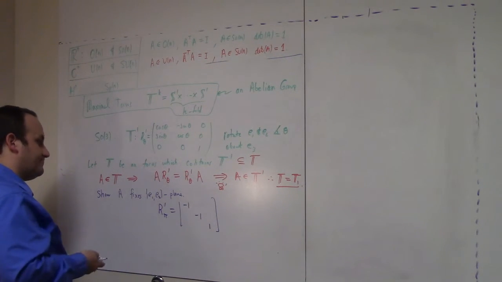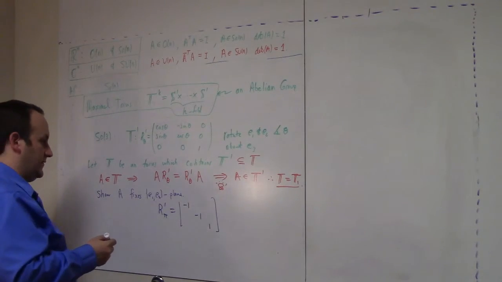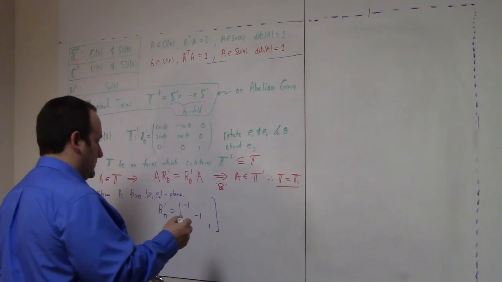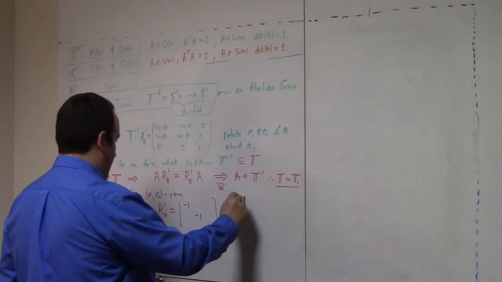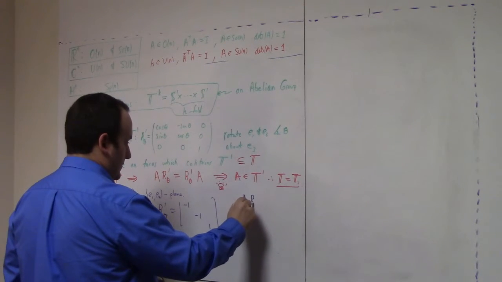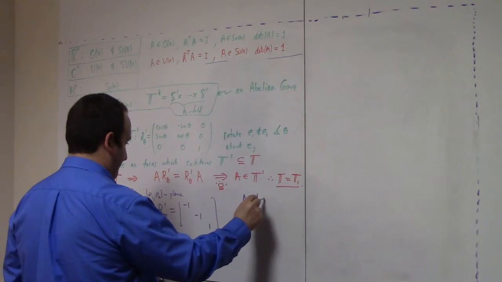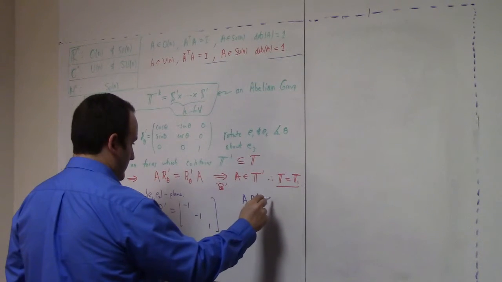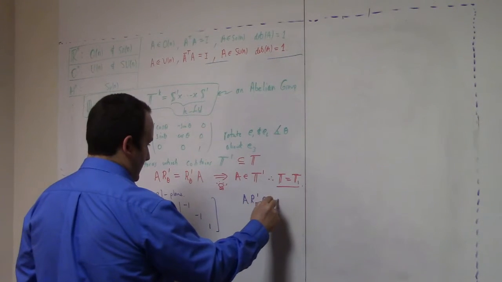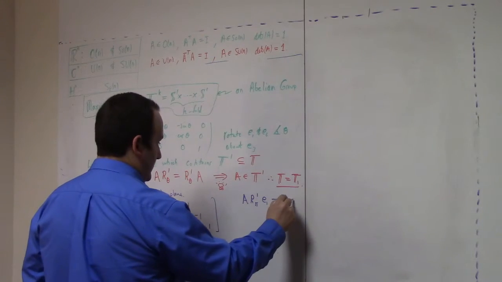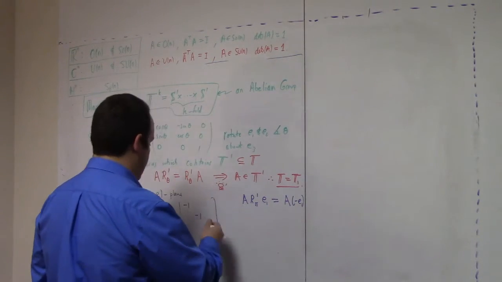And so let's see here. If we look at A, R pi prime, E1, which is what? That's going to be A times minus E1, right?